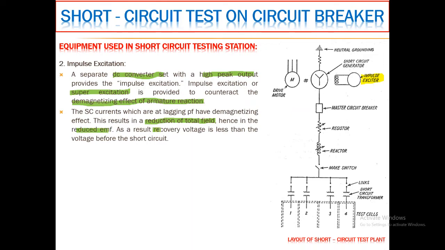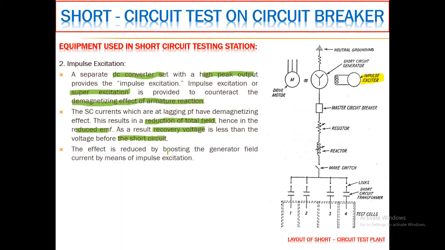As a result, the recovery voltage will be lesser than the voltage just before the short circuit, which is not our requirement. Okay, so to get enough test voltage, we have to strengthen the field, and to strengthen the field we have to counteract the demagnetizing effect which is produced because of the armature reaction.